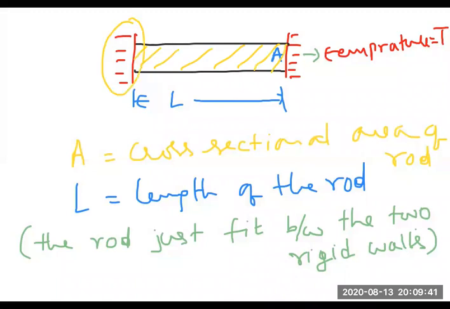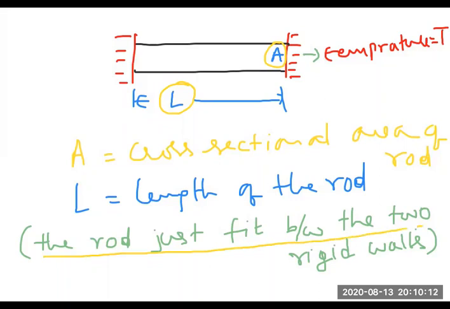This is one rigid support, and this is another. The rod is fixed between two rigid walls, and the length of the rod is L. The cross sectional area is A. Here you can observe the rod just fits between the two rigid walls.